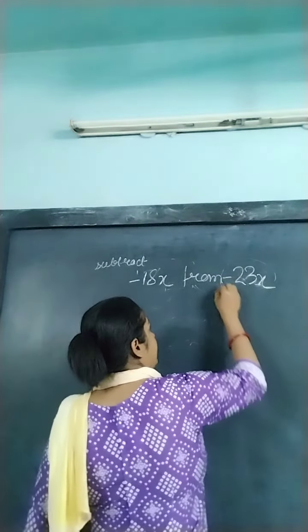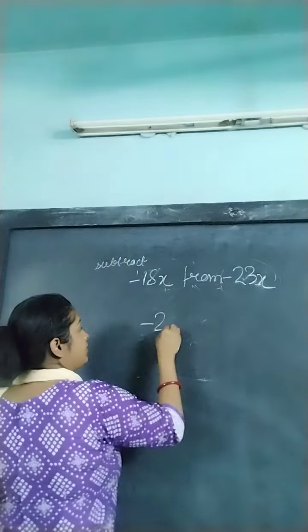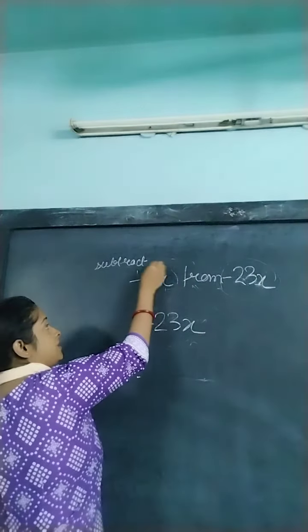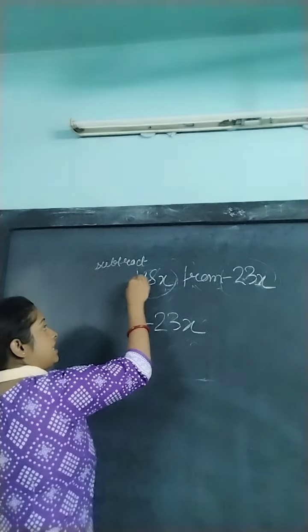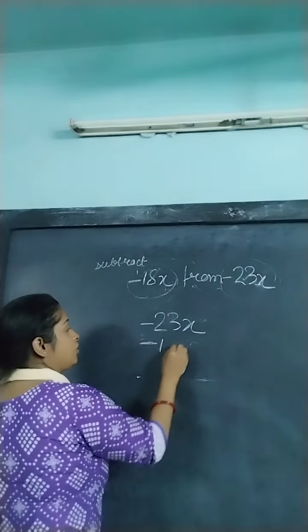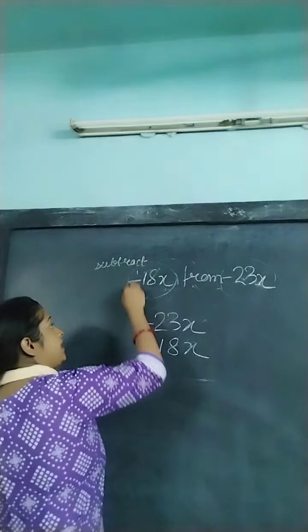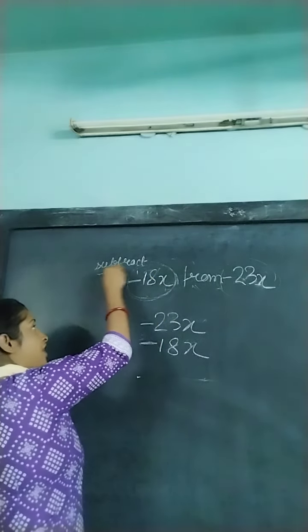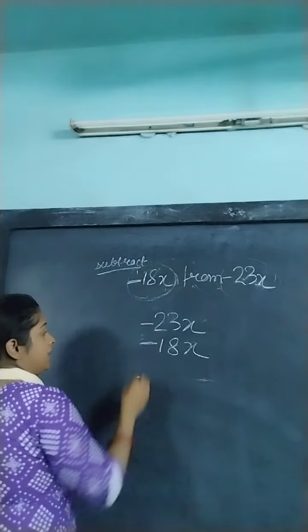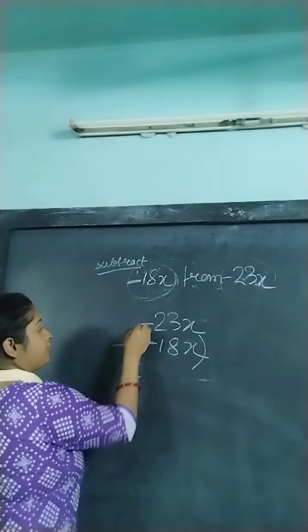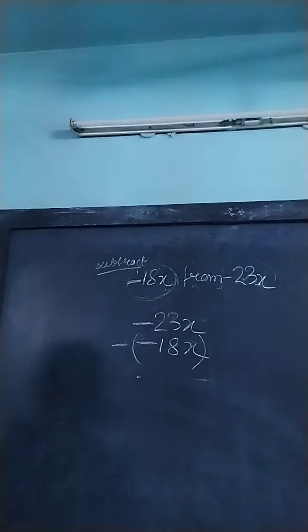You have to write this first, that is minus 23x you are going to write. Now this is also given not 18x, but consider the sign that is given, minus 18x. So minus 18x also you will write. But you have to subtract minus 18x. That is, minus 18x will be subtracted from minus 23x.